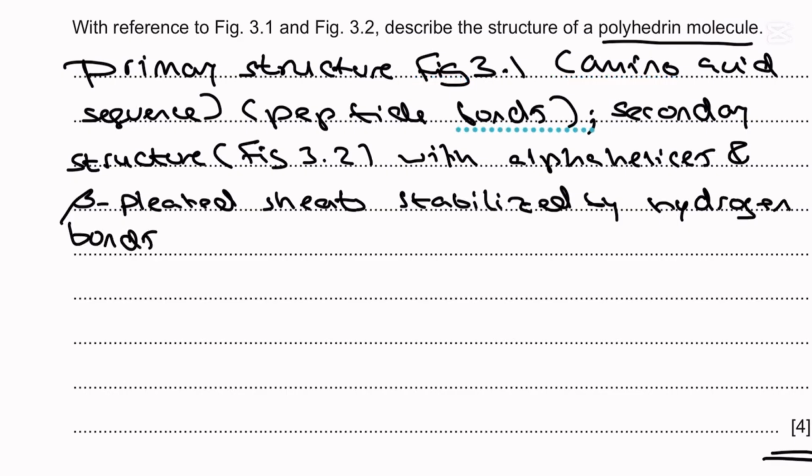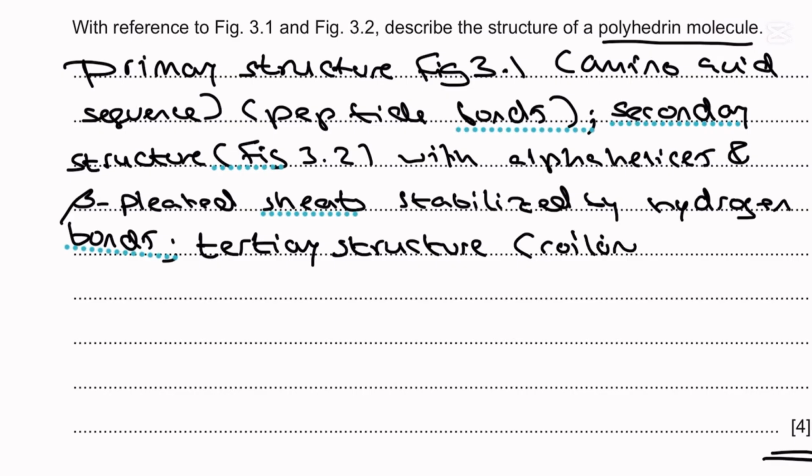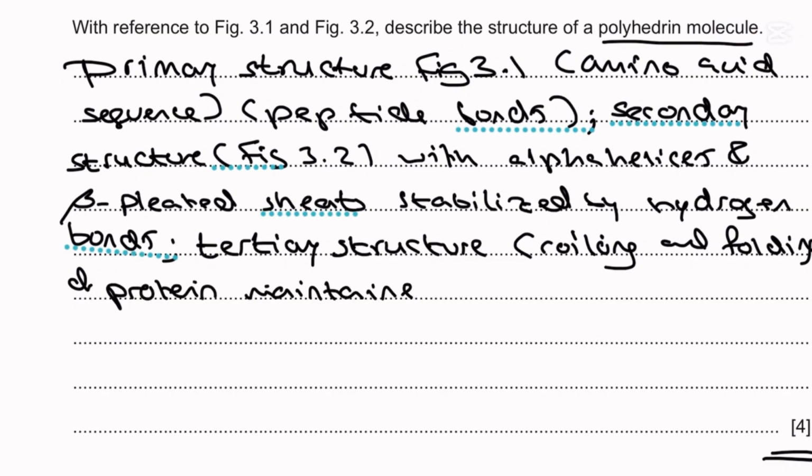And then after that you can mention tertiary structure. And what is tertiary structure? Well, it's actually the coiling and folding of the protein, maintained by different kinds of bonds.